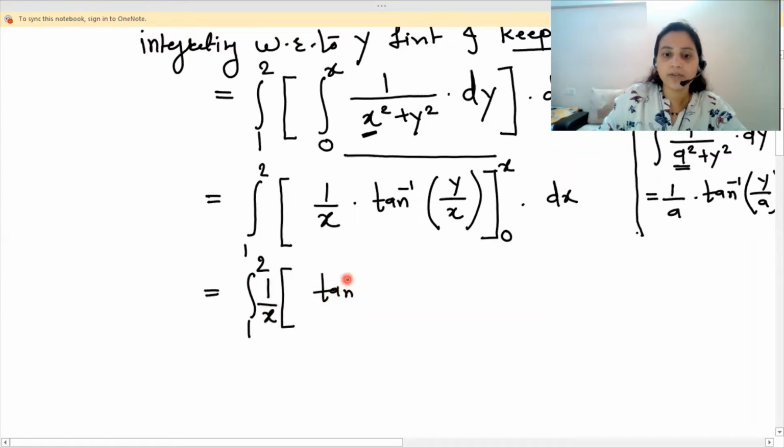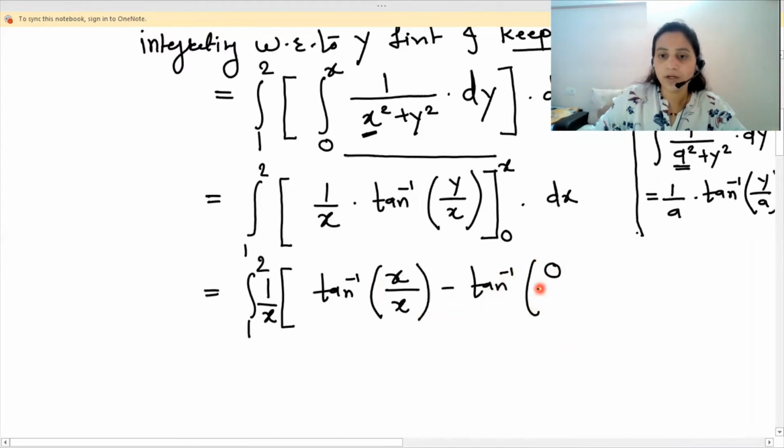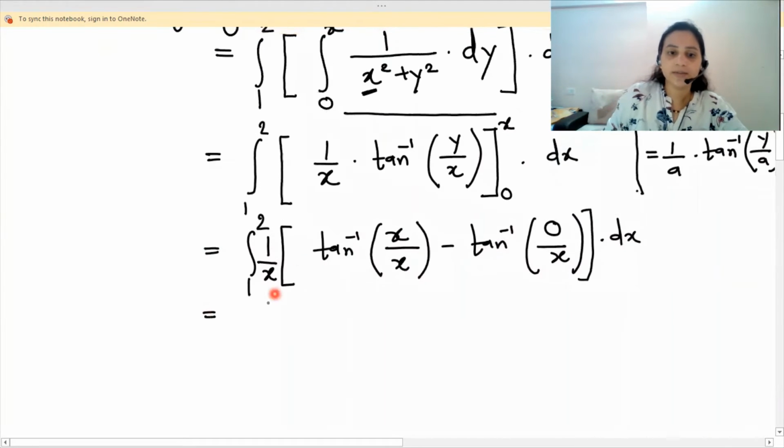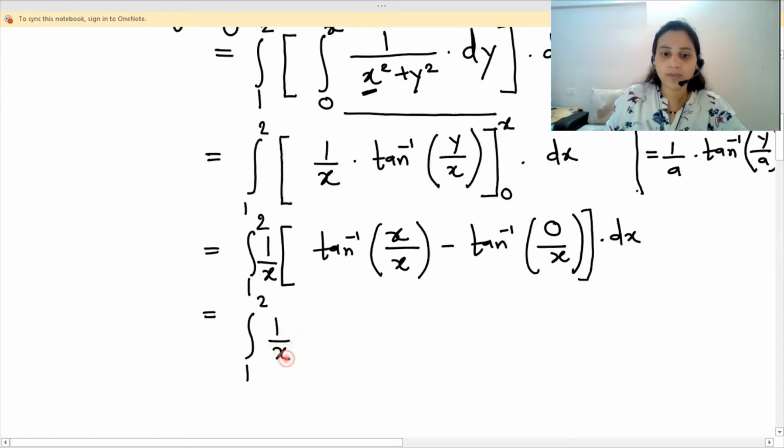Then tan inverse of, I substitute the upper limit, that is x, in place of y here, right? This x as it is, minus the lower limit. So the lower limit is 0 upon x, right? dx. Now next step. The outer limit again remains as it is, 1 to 2. This constant 1 upon x as it is.